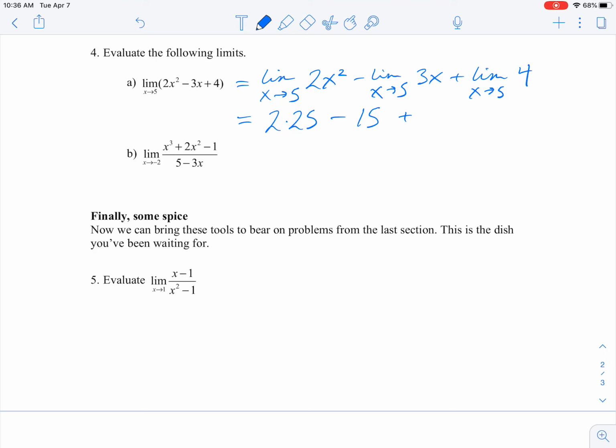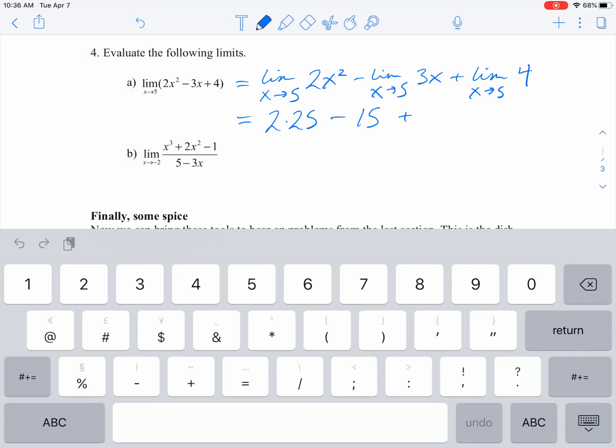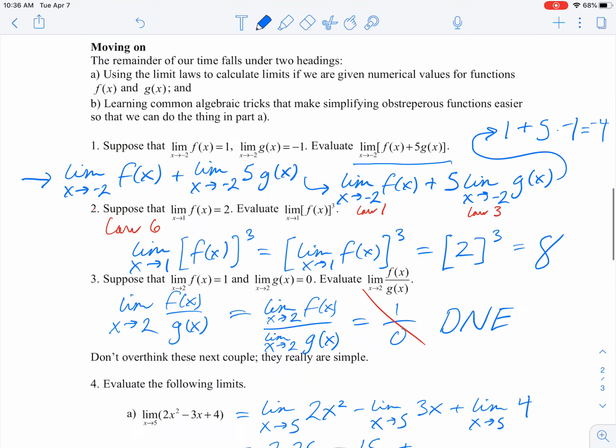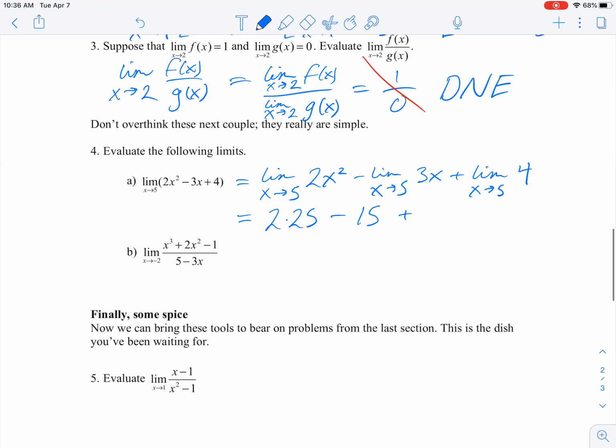Now, on the last part, there's actually no place to plug in 5, but that's okay. Evaluating the limit as x goes to 5, it's still just 4. So we're going to have 50 minus 15, which gives me 35, plus 4. Final answer is 39.